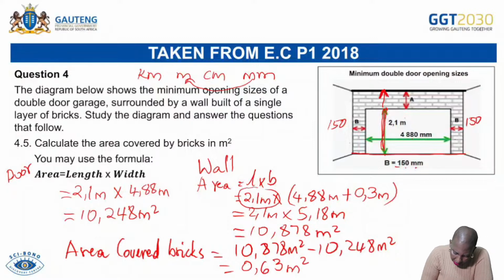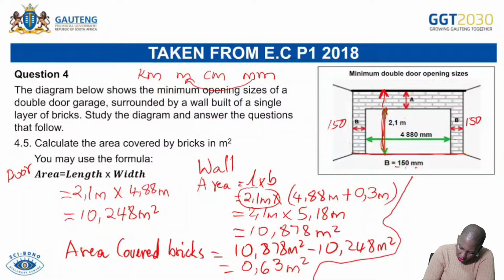So meaning here, instead of multiplying by 0,45, let me do this to make it look nicer. We said it was 450, we divide it by 1,000, and then it is 0,45.